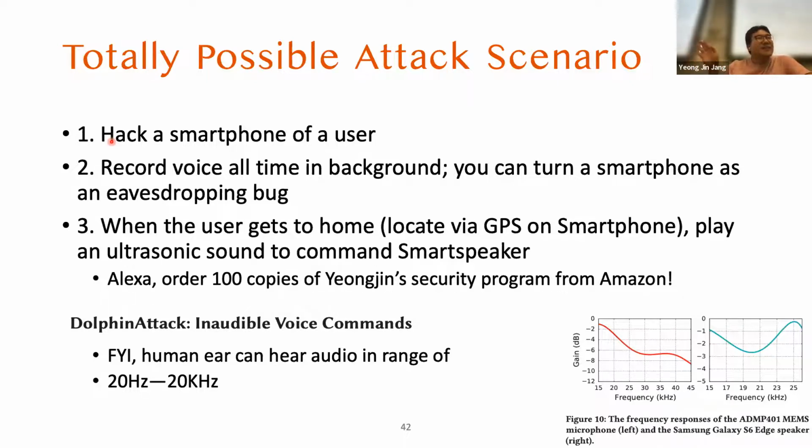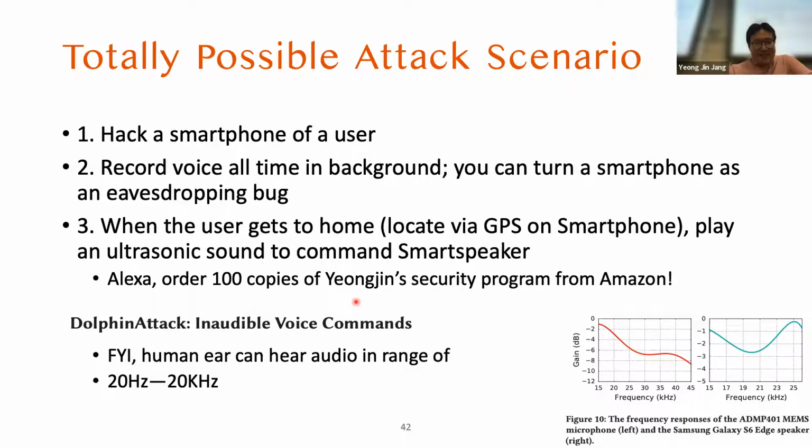And suppose when the user gets home, by looking at the GPS location, we can identify that's home. Then we can send Amazon Alexa an ultrasonic sound, something like order 100 copies of Youngjin's program. Yeah, make him rich, something like that.